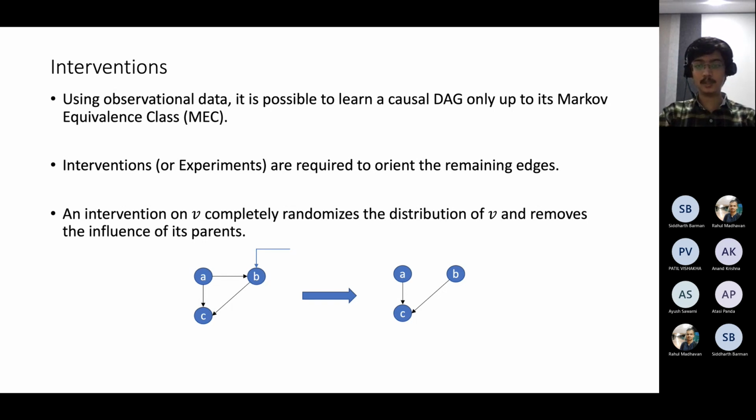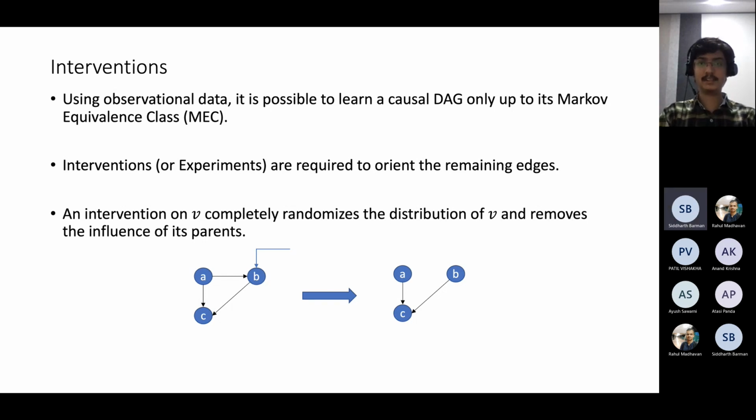Initially, if we know the graph, then we can infer the efficacy. But in case we don't know the direction of the edges from A to C, A to B, and B to C, then using interventions our purpose would be to learn those directions. And you're assuming that an undirected template is given to you.